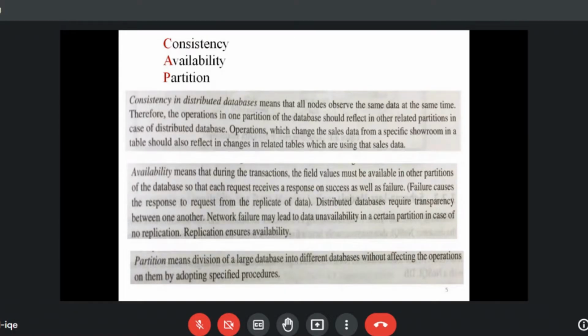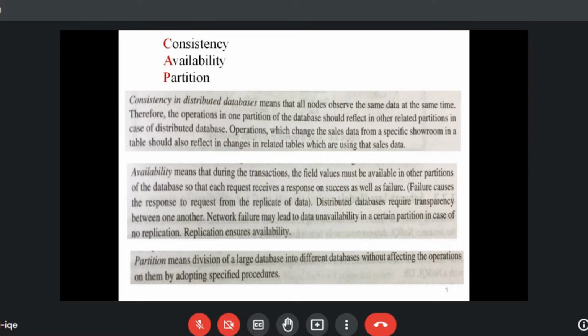So first I read what these three are: consistency, availability, and partition. Consistency in distributed databases means that all nodes observe the same data at the same time.